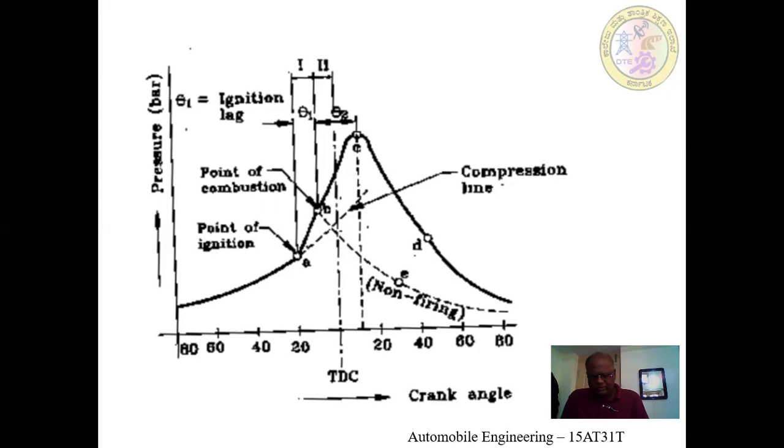This period we are calling ignition lag. It starts at point A on the P-theta diagram and ends at point B. Then all the air fuel mixture has gained sufficient temperature to burn on its own. Then the flame starts at point B and rapid burning or flame propagation takes place.